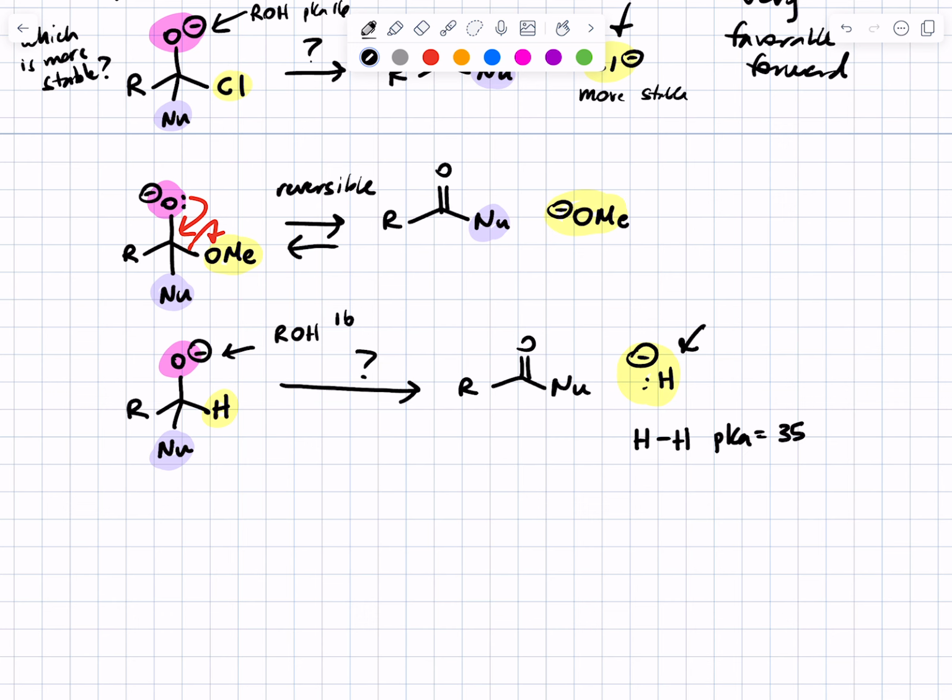So again, never in the history of the universe would you expect negatively charged oxygen to kick off a hydride and have the hydride just go floating off in space by itself. Okay, so that's a heck no. In terms of reasonable stability, not in terms of reasonableness. This is not reasonable. You would not predict that this would happen. You would predict that this would be completely unfavorable.